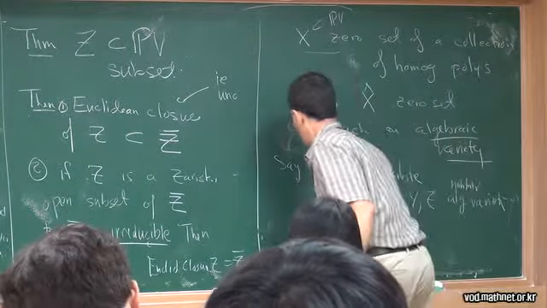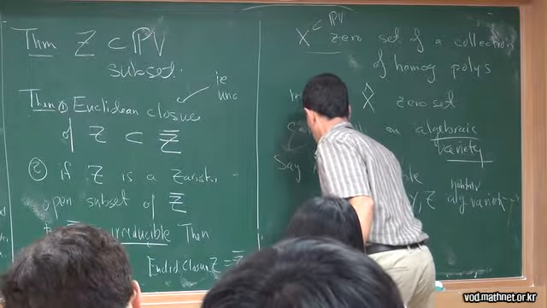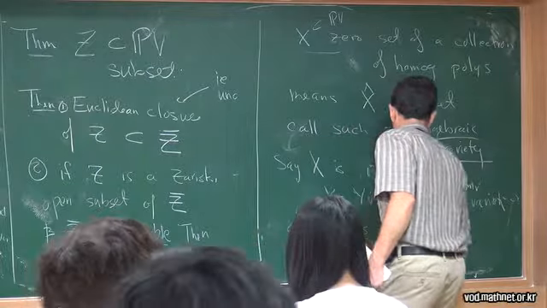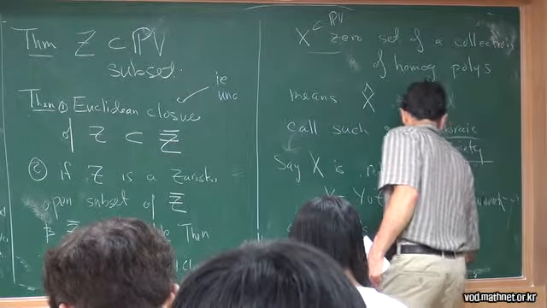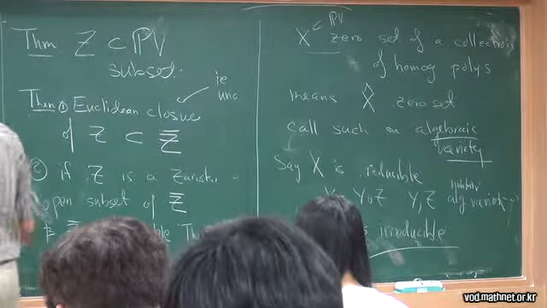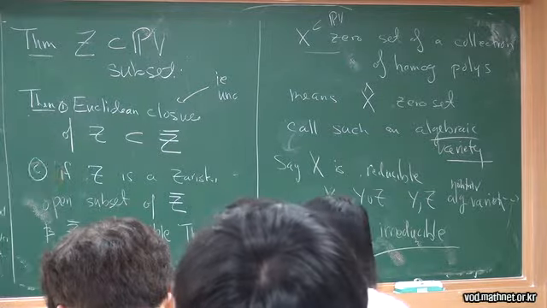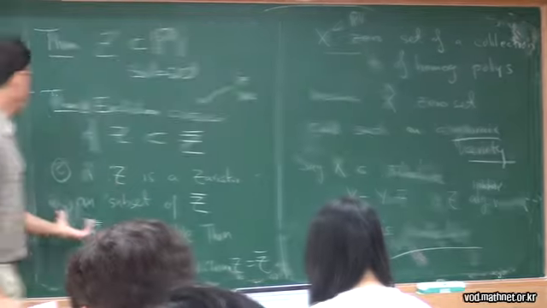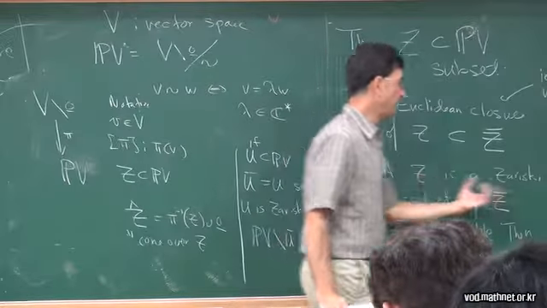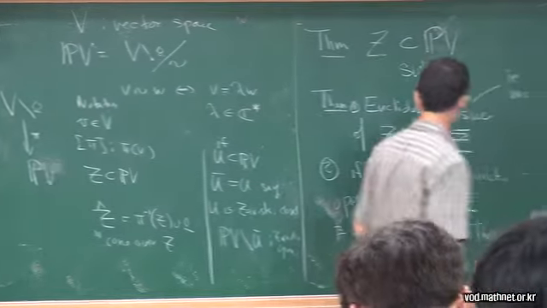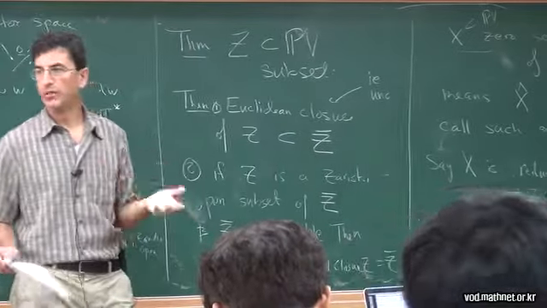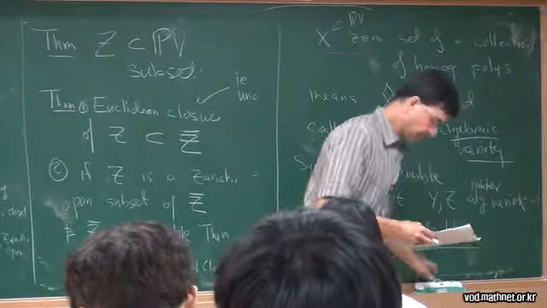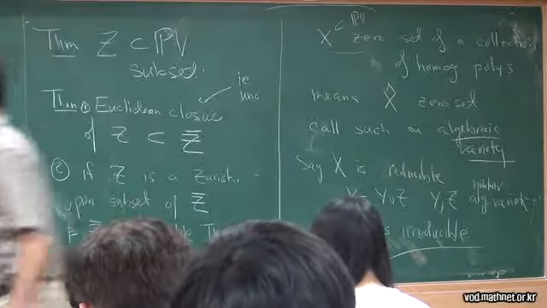And otherwise, X is irreducible, which is the word I used in the statement of this theorem. It cannot be written as the union of two sets, because otherwise it could be an open subset in Y, and you would just end up with the closure of Y under Euclidean closure. So that's the definition.